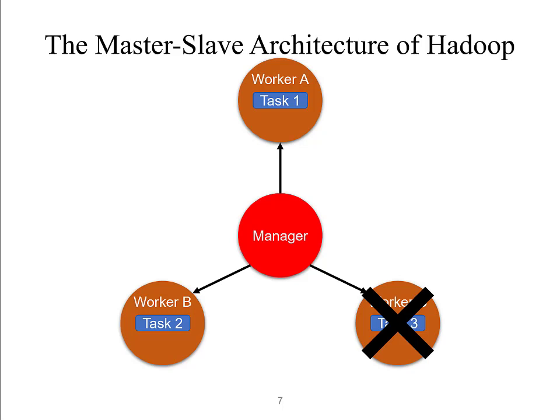You can assign task 3 to either of the other 2 workers. For example, you can assign task 3 to worker A as well. So in this case, when worker C is on leave, worker A will do tasks 1 and 3, and worker B will do task 2, so all the tasks will be done.